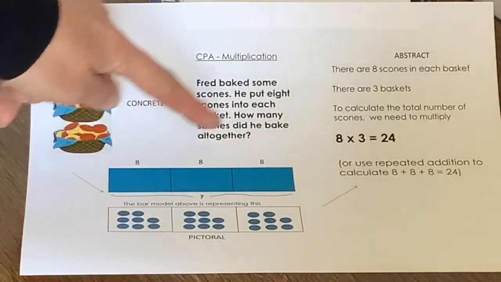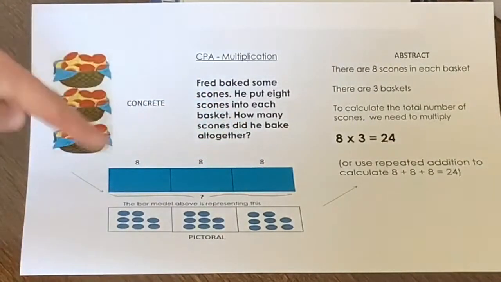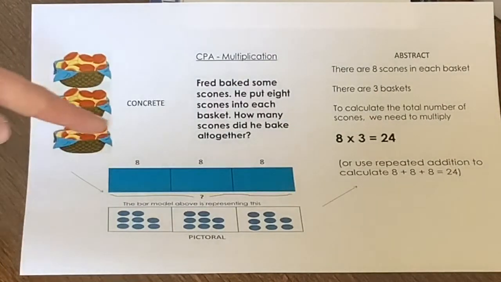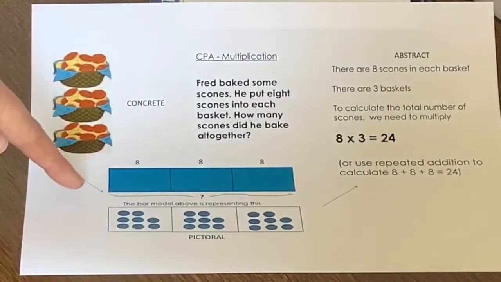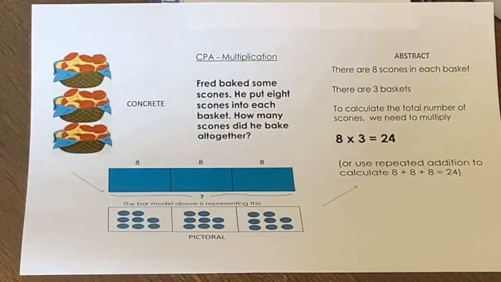And each of them we know contained 8 scones. So my bar is showing the size of our baskets, or quantity in our baskets rather. And now if we put that information together, we'll get our answer. We'll find out how many scones there were. So how many scones did he bake altogether?